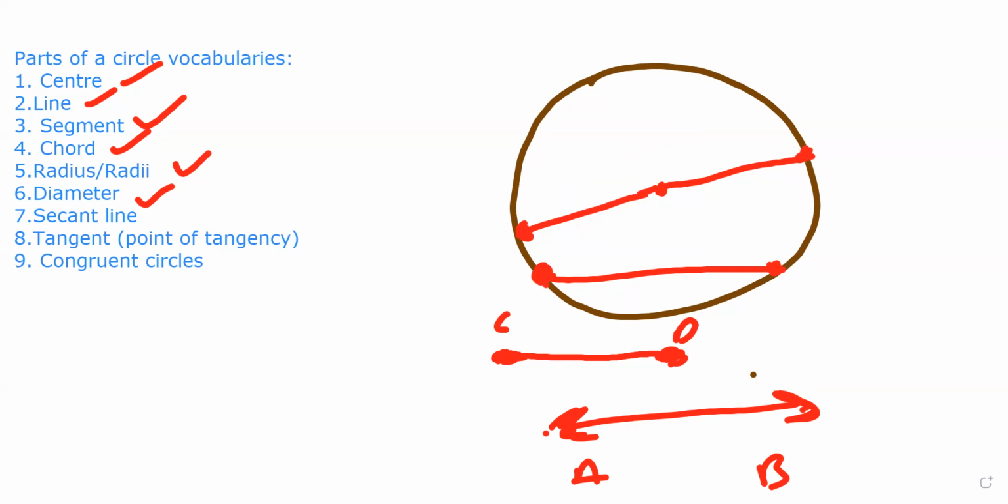This is what we call a secant line. Now, what's a secant line? A secant line is a figure that contains a chord and a line.